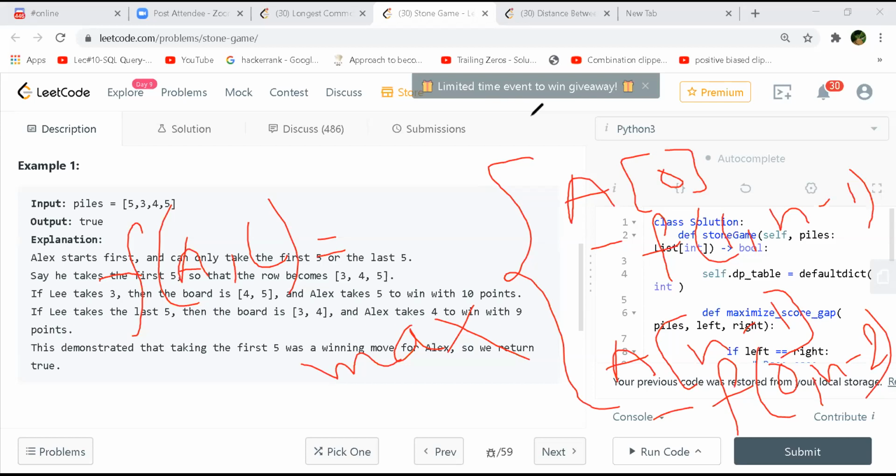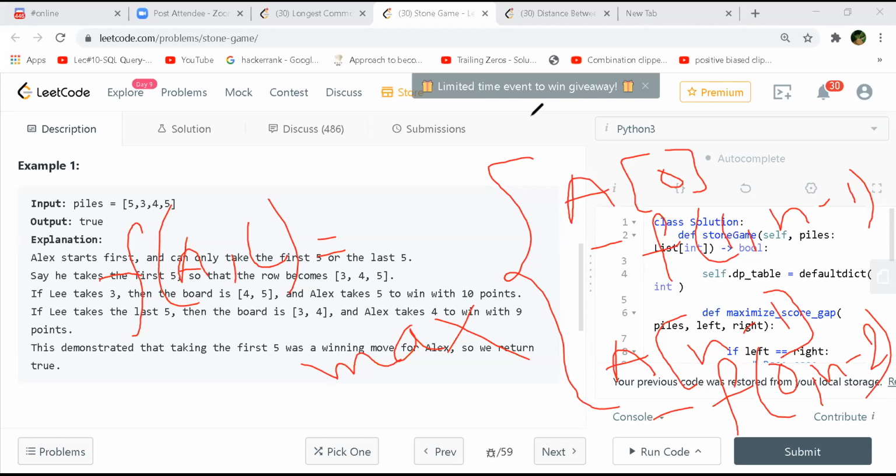I think she has some question. Deepal, go ahead. I'm trying to understand the output of this question. You're picking the stones, and it can be picked either from the front or the end. Suppose Alex starts with the left 5, then it will be 3, 4, 5.